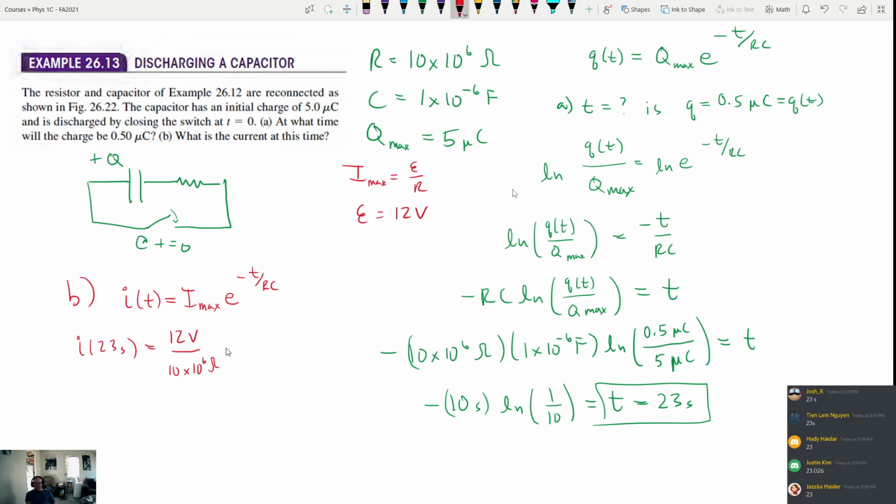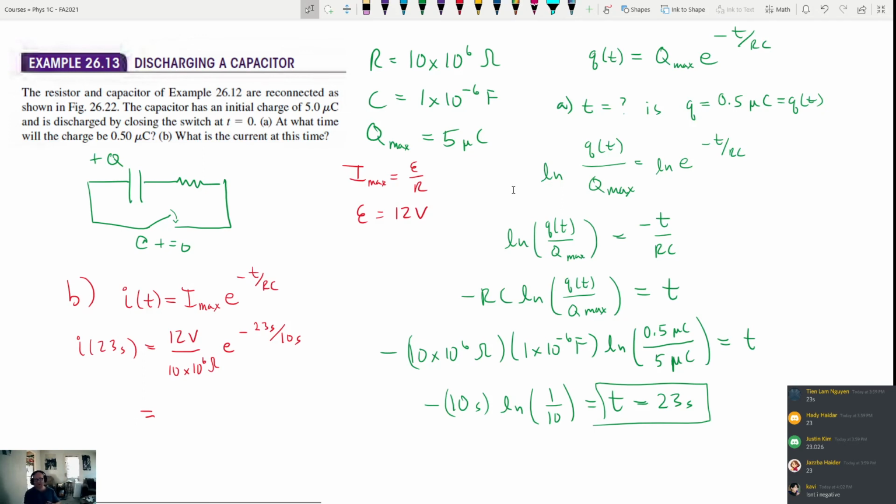Okay, so that e to the negative, and then we just put 23 seconds divided by RC, which we've seen already is 10. And so that gives us e to the negative 2.3 times 12. And then we have to divide by this huge 10 times 10 to the 6.